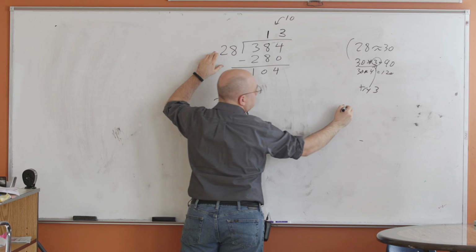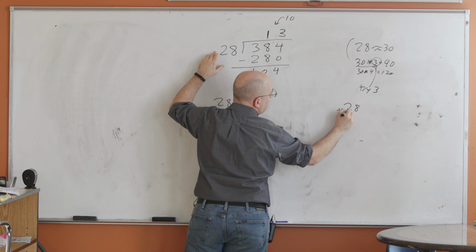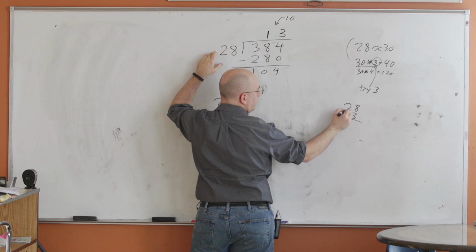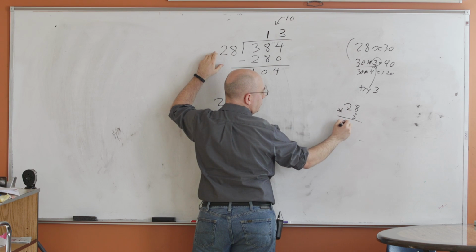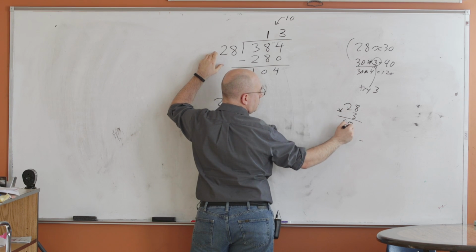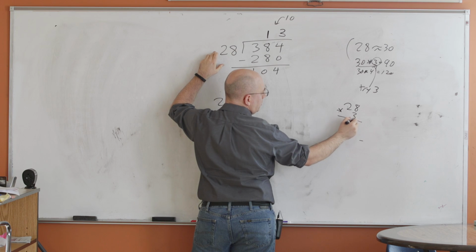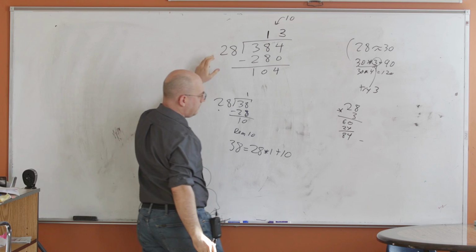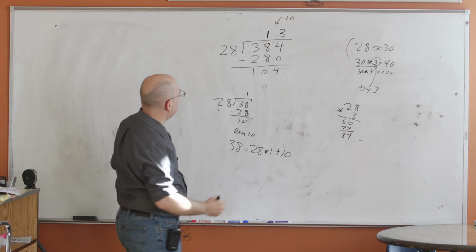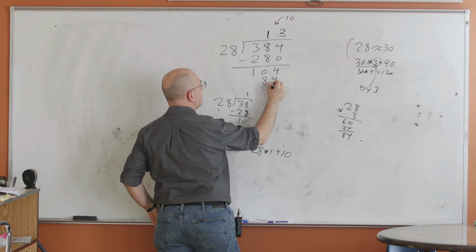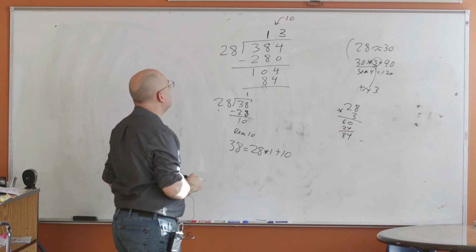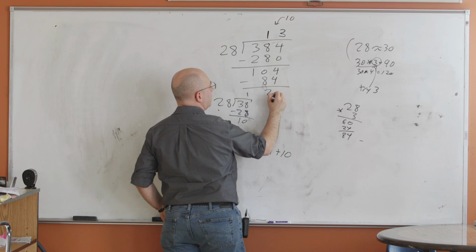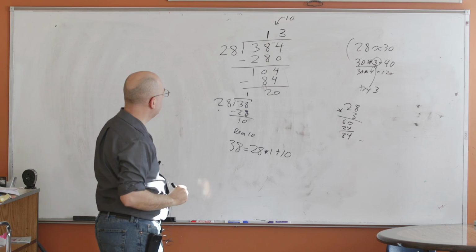So 28 times 3 over here is, you can do a 60, and then 3 times 8 is 24, and so you've got 84. So we write down 84 here. And so 104 minus 84 is 20, and that's the remainder.